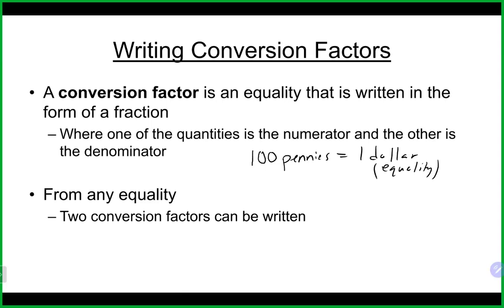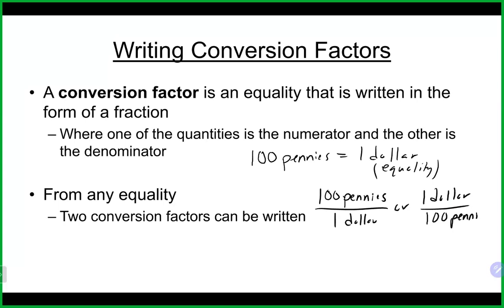No matter what equality you are dealing with, you can write 2 conversion factors to use. You could write 100 pennies over $1, or you could write $1 up on top and 100 pennies. So one thing becomes the denominator, the other the numerator, and vice versa. These are our conversion factors, right?